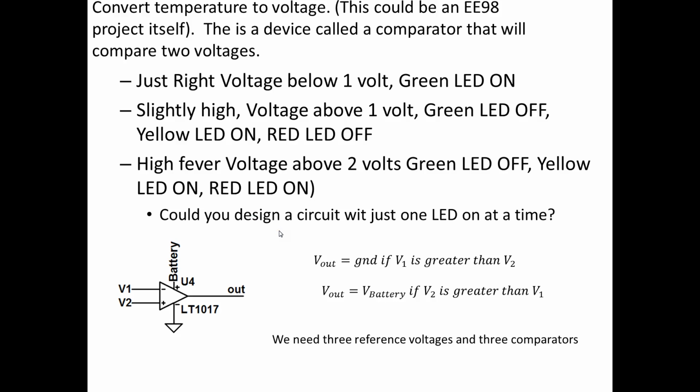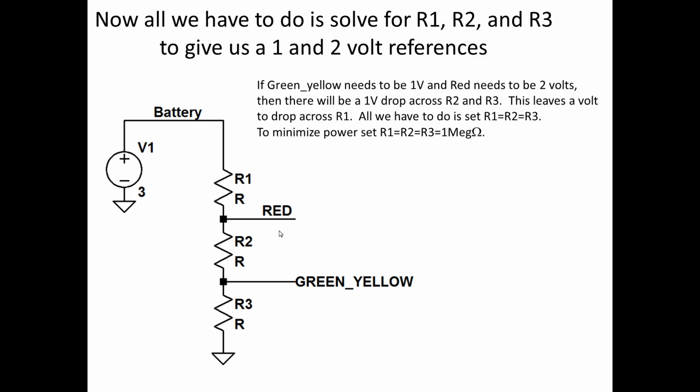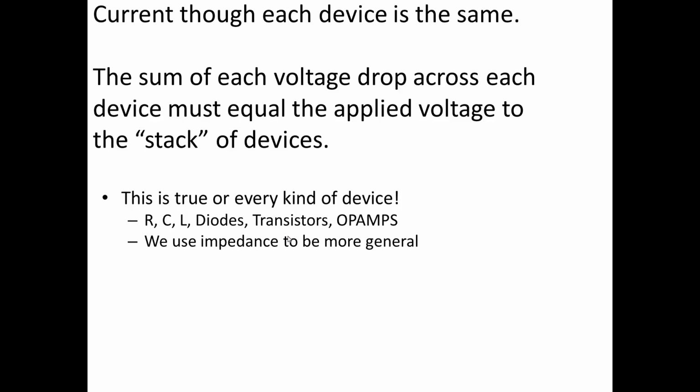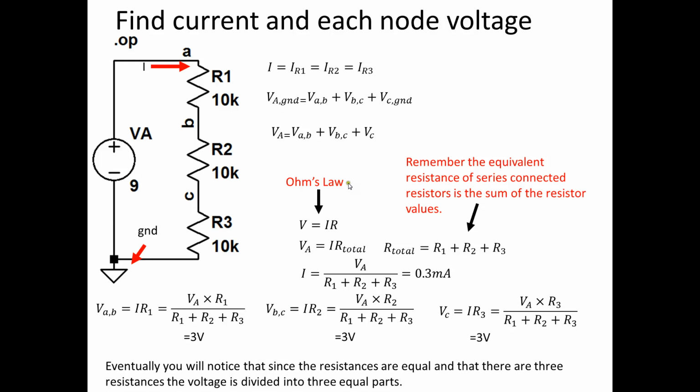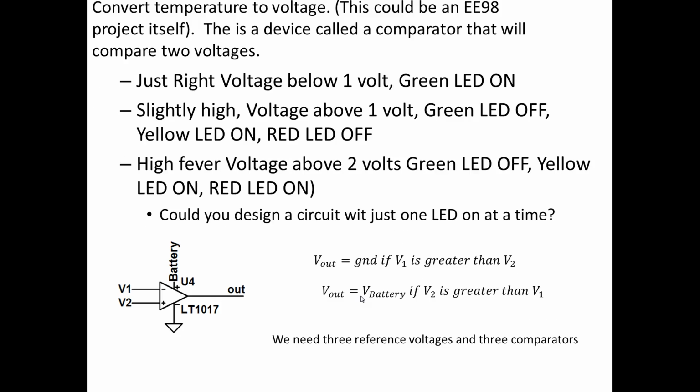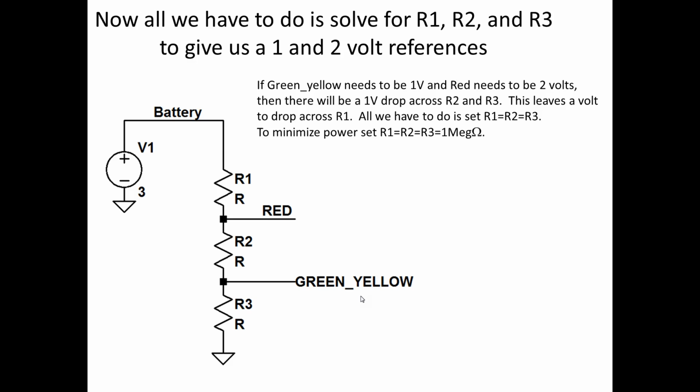How do we create this circuit? Well, it's the same voltage reference circuit that we've seen before, where we had 3 resistors. In this case, we're assuming it's a battery operated device and we need to minimize the current flow. And we notice that the green-yellow reference voltage needs to be a volt and the red reference voltage needs to be 2.